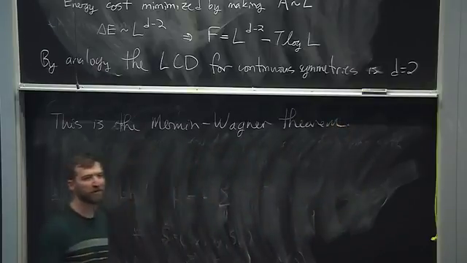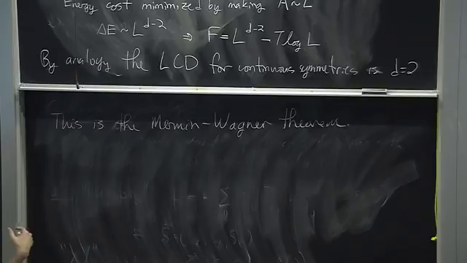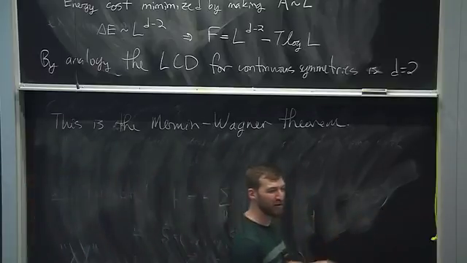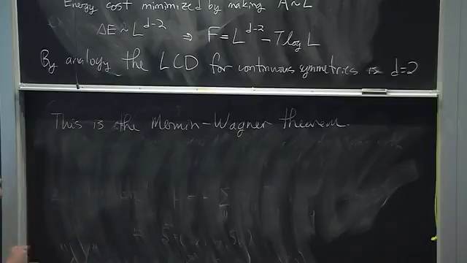For continuous symmetries in dimensions 1 or 2, you can't have any ordering phase transition at any finite temperature. It's the same in the one-dimensional case: for the Ising model, the only time you have ferromagnetic order is when temperature is strictly 0. So in the continuous case for dimensions 1 and 2, the only time you have long-range order is when temperature is strictly 0.